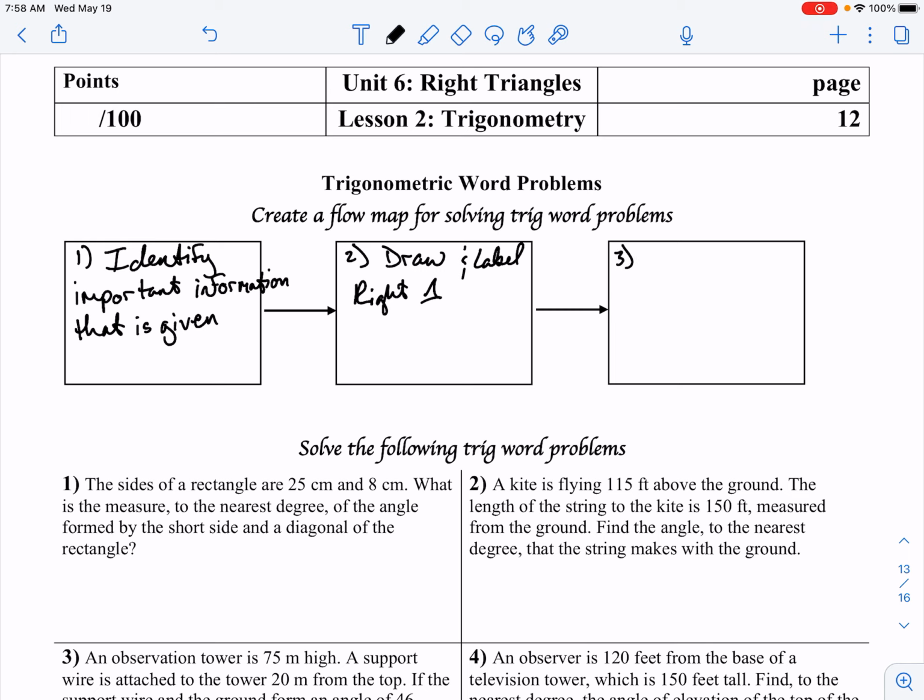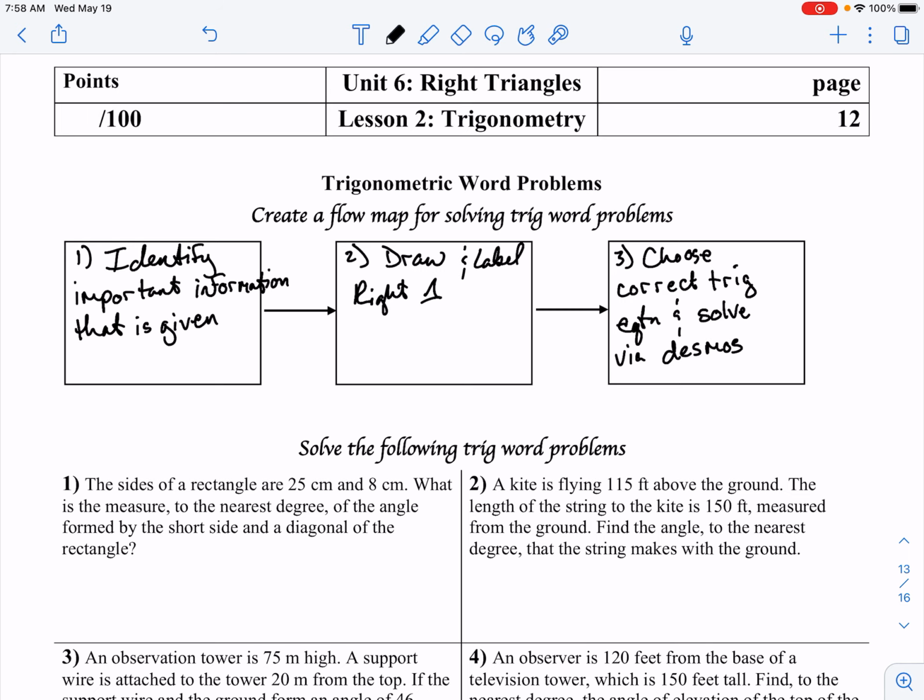From there, I choose the correct trig equation, and solve via Desmos.